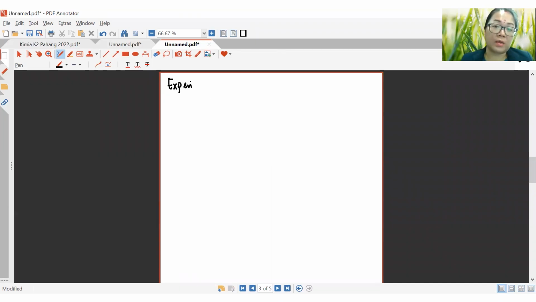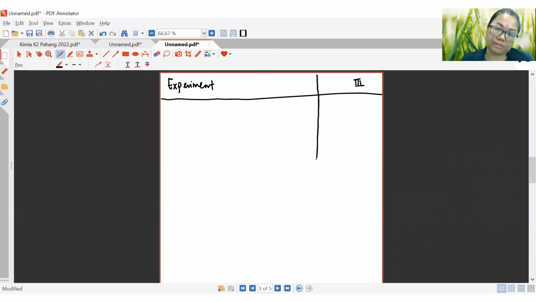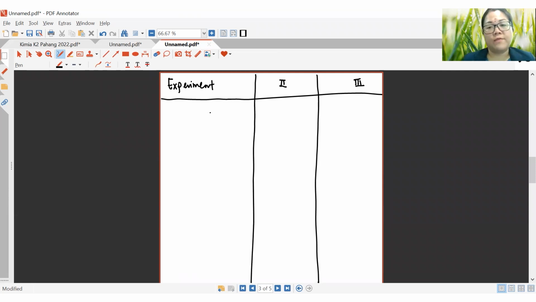Later on, we break down the marks. For experiment 2 and 3, we know that the one that affects it is temperature. In experiment 2, the temperature is lower. The temperature in experiment 3 is higher.